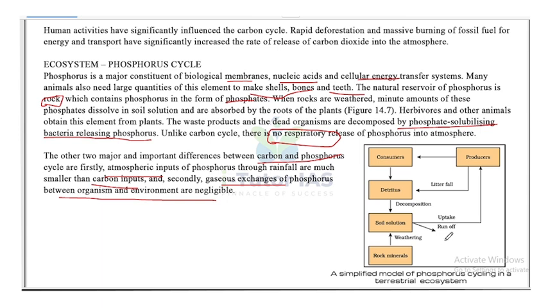So this is how the cycle is working, and there is some runoff. Once it is weathered and reaches soil, some amount is lost to the surroundings, as when it is dissolved in water. And the producers also, once they die, become detritus and are directly decomposed and enter the soil solution. So this is the phosphorus cycle.